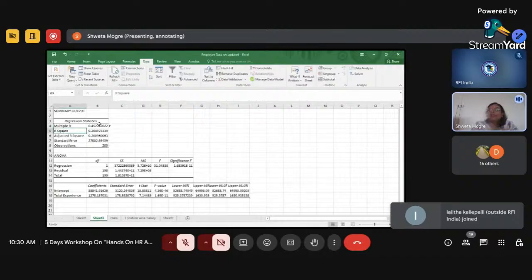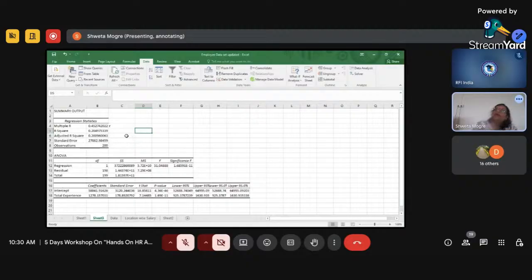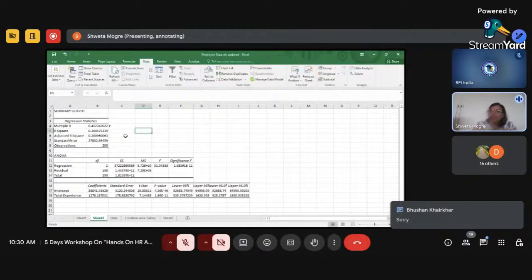R square indicates us how much change in our dependent variable is due to our independent variable. Means how much variation we are getting in our dependent variable. Dependent variable means salary. How much variation in salary is due to experience.